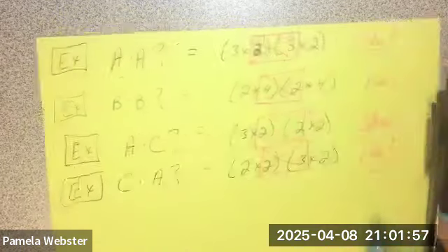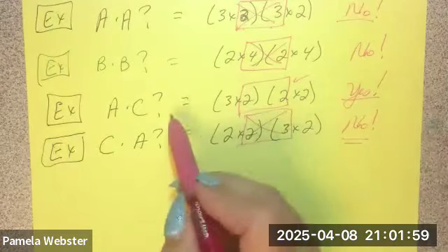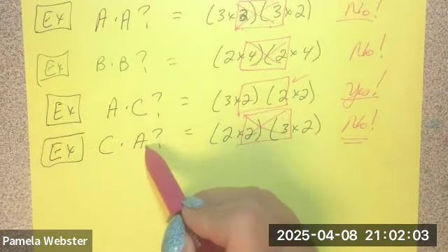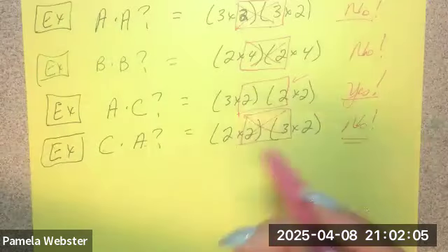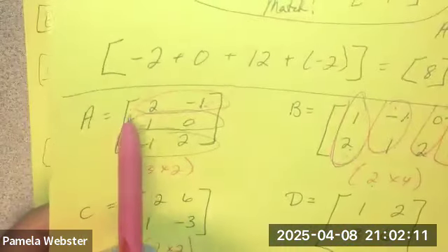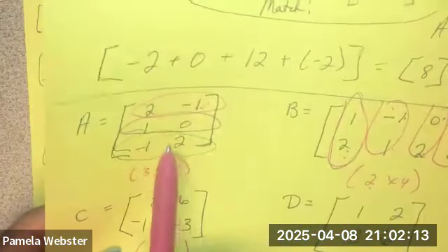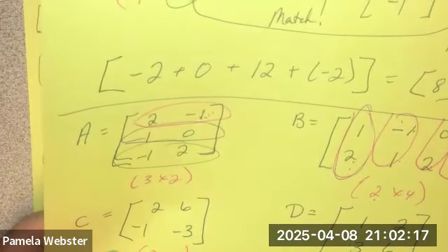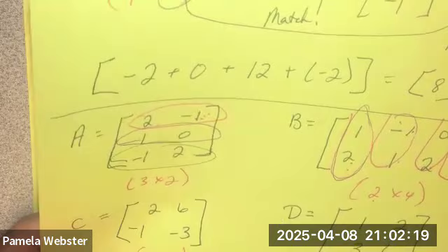So those don't match. We can't do that. So here it's possible for me to do A times C, but it is not possible for me to do C times A. And that's interesting because earlier I could do CD and I could do DC, but remember those were square. What do we think about A? He's 3 by 2. So we can't do him. Like we can't just interchange it. It's not a square matrix like this guy was.